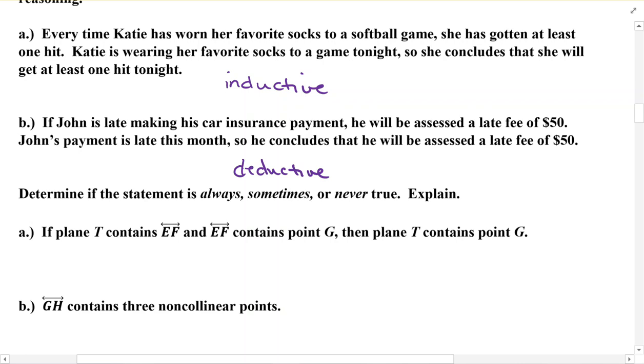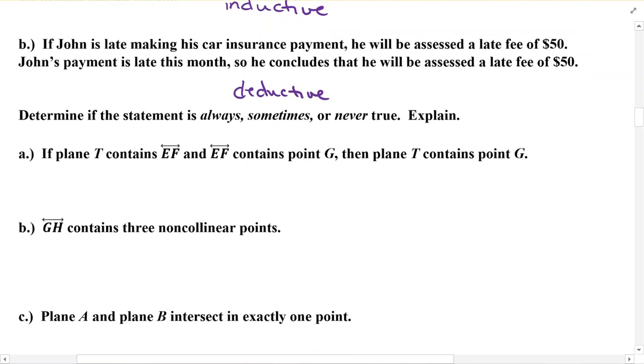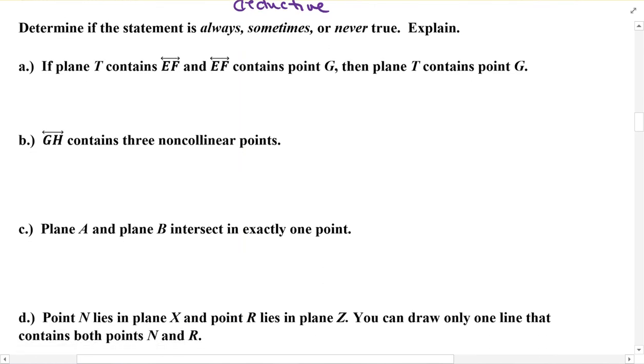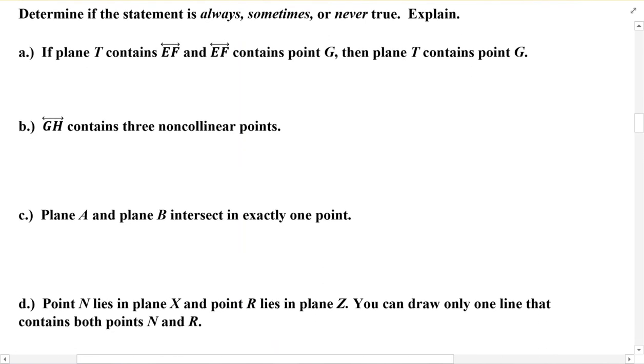In the next problems, we're going to determine if the statement is always, sometimes, or never true. If plane T contains line EF and line EF contains point G, then plane T contains point G. So we have a plane, which we're going to name T. It contains line EF, and they're telling us that G is somewhere on that line.